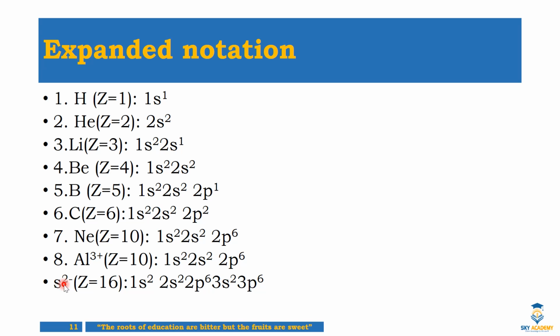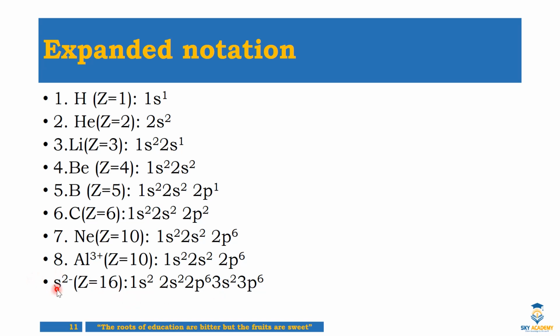After gaining 2 electrons, it has got 18. That's why it will have 2, 10, 2, 6, which becomes 18. This one has electronic configuration resembling that of argon.